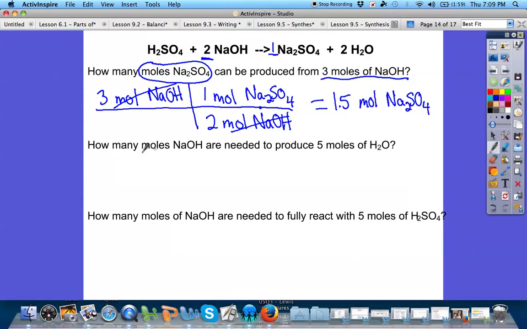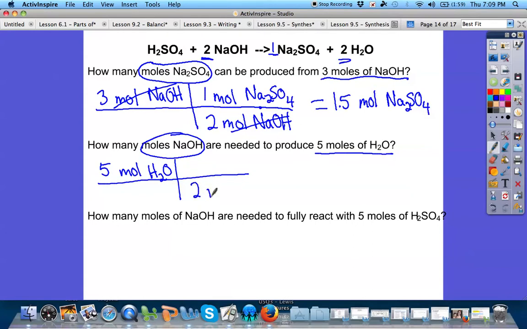Similarly, we want to know how many moles of sodium hydroxide are needed to produce 5 moles of water. So we're going to start with 5 moles of H2O. And in our chemical equation, we have 2 moles of water, and we want to convert to sodium hydroxide.